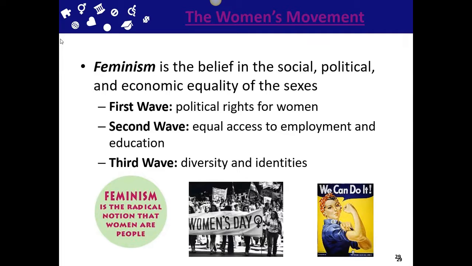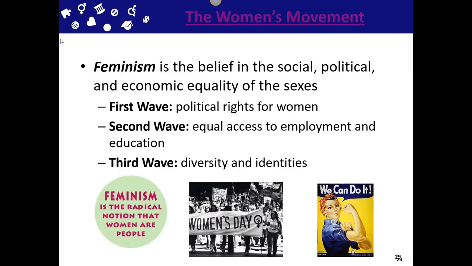Now, some people would say we're still in this second wave of feminism. We still don't have equality based on gender. However, one response to the second wave of feminism was that it was overwhelmingly dominated by white middle class women, and it left out women who were poor, and women who were non white, and women who had other identities, perhaps people who were transgender, people who were non binary, people who were poor and non white.